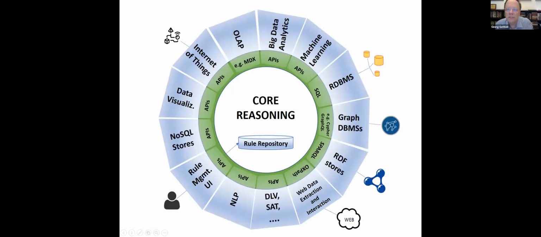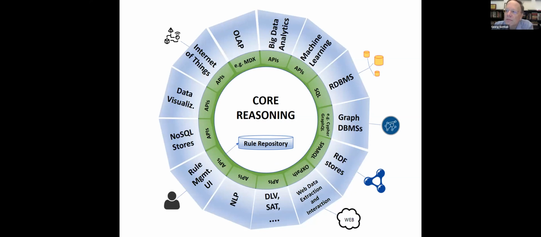So this is a larger view of our system, the so-called Vadalog flower, as we call it. We have a big space for reasoning, and we have a repository for rules. The rules are stored with the system, but as you see, no data are stored with the system directly. Our philosophy is to use the data storage of the company or institution where this is deployed.